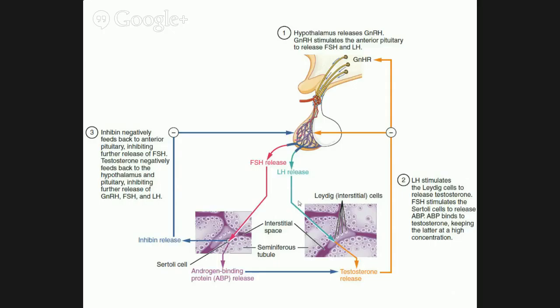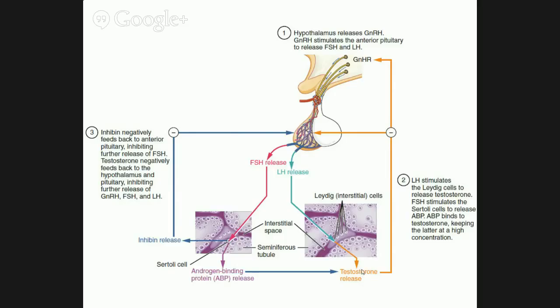LH is going to target a different cell in the testes called the Leydig cell or the interstitial cell. Leydig cells are found in the connective tissue in between these tubules. And when they're stimulated by LH, they produce testosterone.